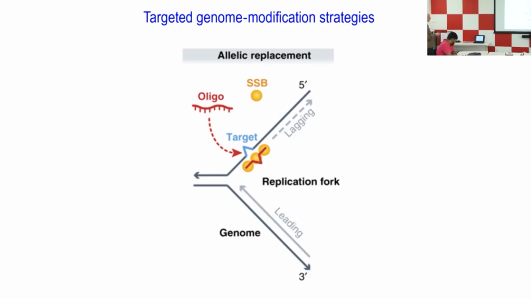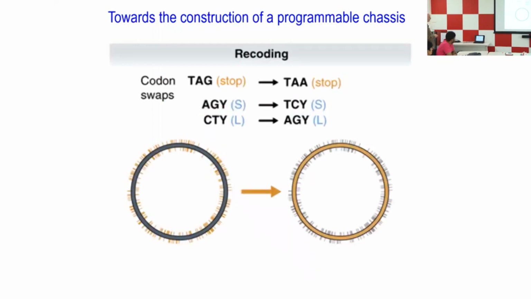You need a single-stranded DNA binding protein that comes in various flavors, but the most important thing is that you enable a mutagenic oligo to invade the replication fork, and therefore through subsequent rounds of replication, the mutation will be inherited by the cells. This is something that we have also mentioned before, and I will not return to it.